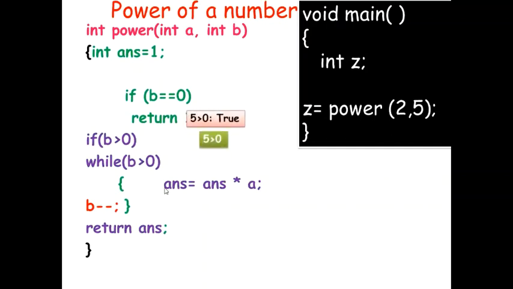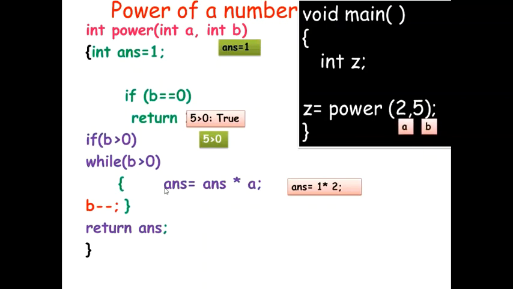Let's see how to trace it. Now b is greater than 0, that is 5 is greater than 0, yes. Now while 5 is greater than 0, we know that the variable we are using, answer, is kept as 1. So the first time what happens is answer gets computed as 1 into a. So 1 into 2. Why is that?